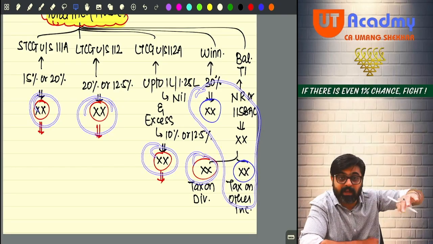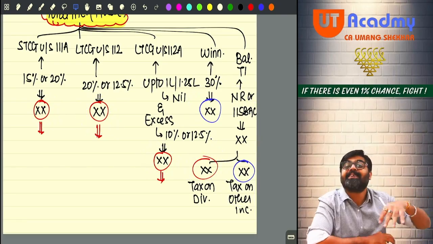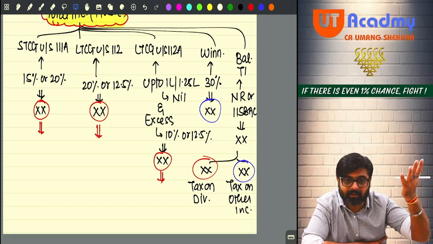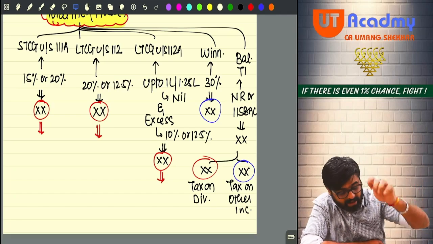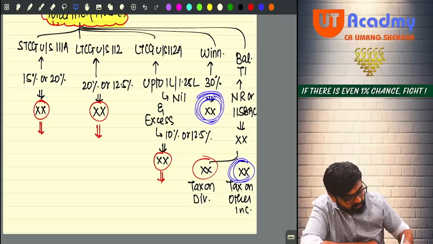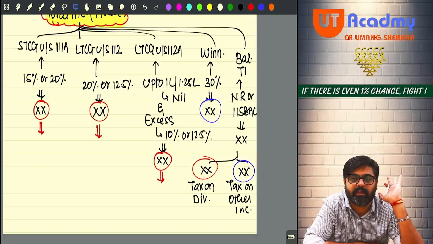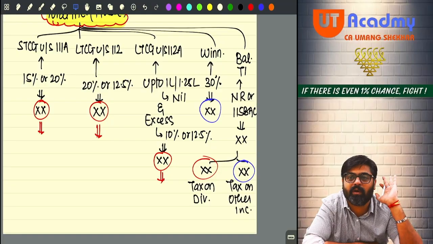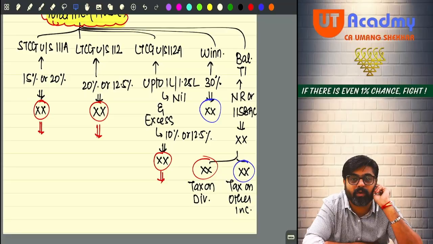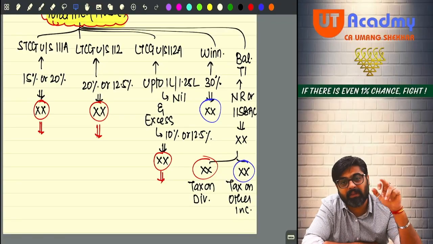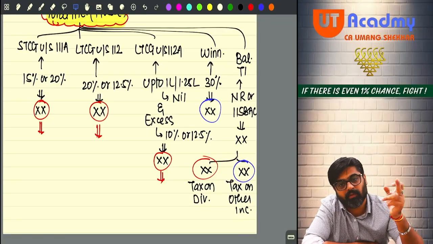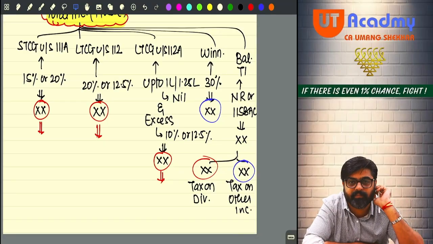Is your total income, including winnings, still more than 2 crores or 5 crores? Yes. Then on that tax, you can apply 25% or 37%. But what if that is also not more than 2 crores or 5 crores? Then on that tax also you have to apply 15% only.